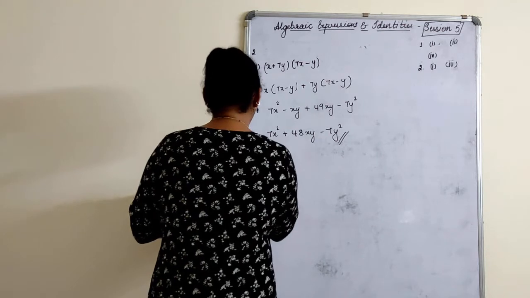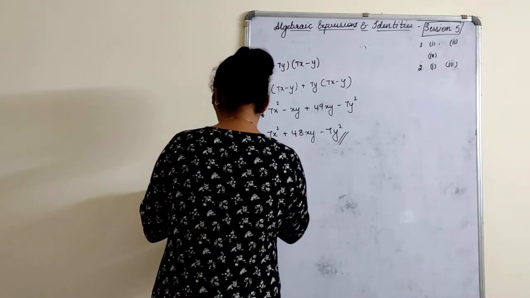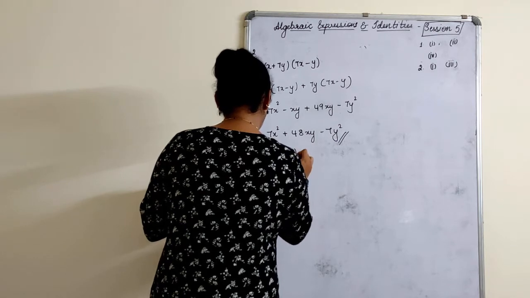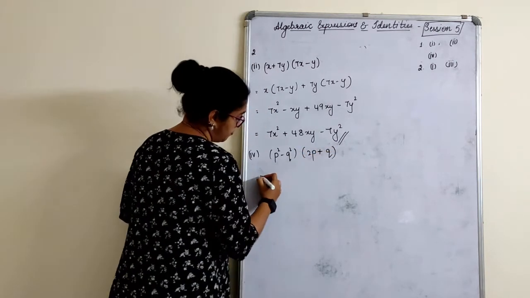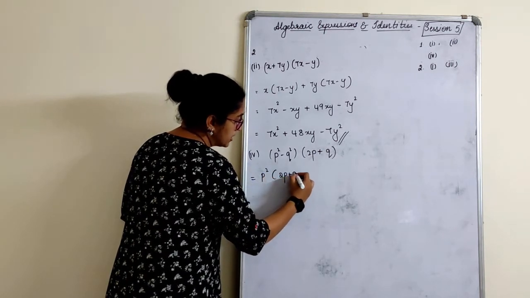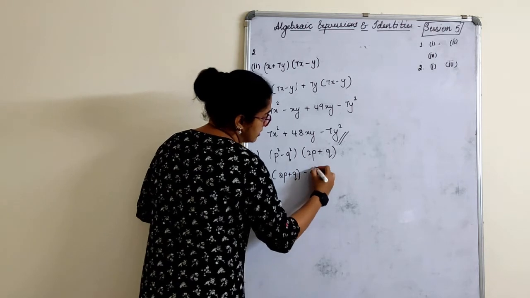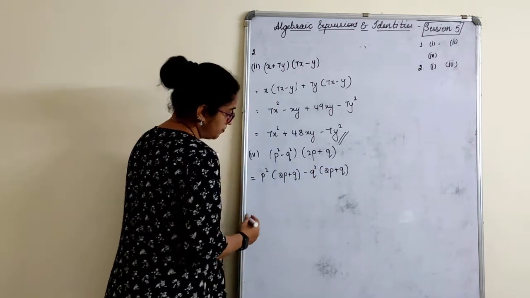Next one, fourth, I have to do. That is p square minus q square of 2p plus q. p square as it is, 2p plus q, minus q square of 2p plus q.